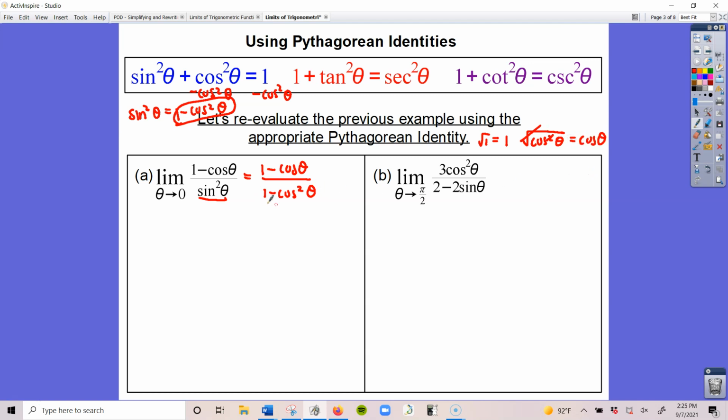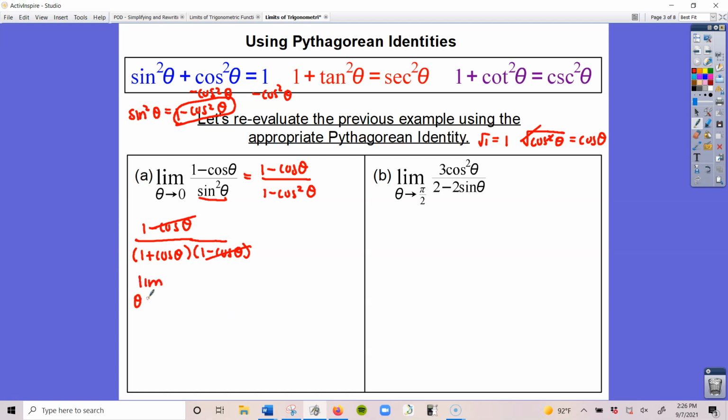So I can rewrite this denominator. This is going to be 1 minus cosine theta over 1 plus cosine theta times 1 minus cosine theta. I got that by applying my properties of a difference of squares. So now the 1 minus cosine theta will cancel.